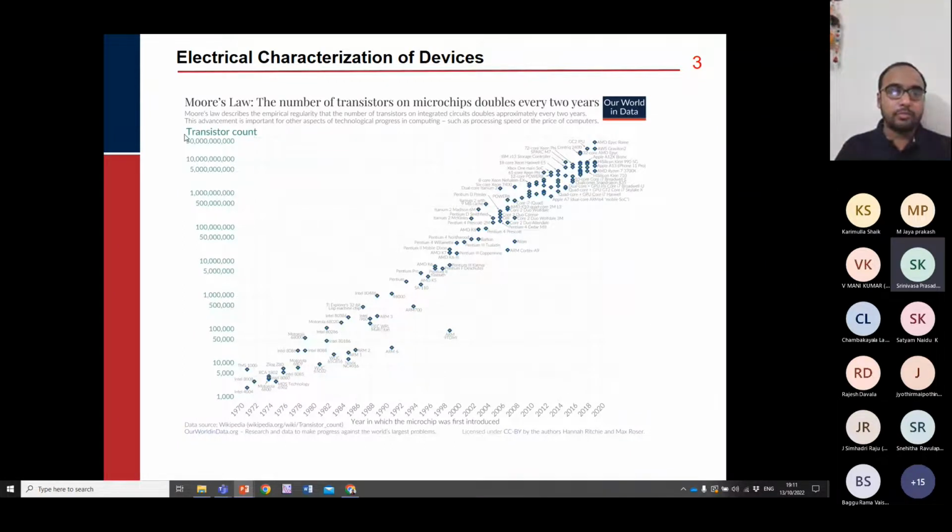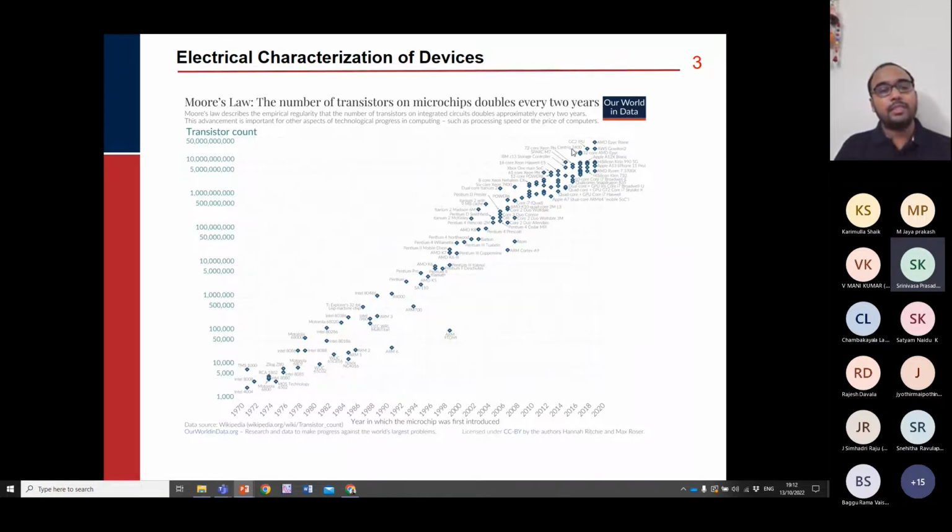On the y-axis we have the number of transistors, and on the x-axis the timeline, that is the number of years. Very simply, if we look at the trend, we can see that the number of transistors which used to fit inside one chip has become manifold in the present time. For example, in 1970, something like a few thousand transistors used to fit inside one chip. But nowadays, 50 billion transistors are doing the same thing.